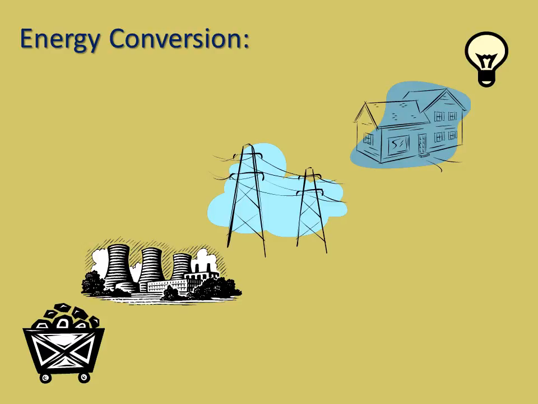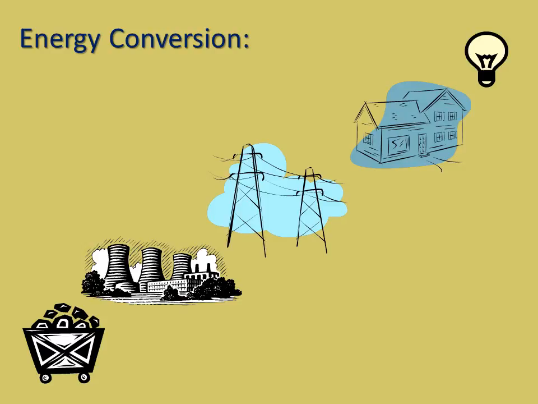So we're converting that chemical energy into thermal energy, and that thermal energy in a power plant is used to create mechanical energy, motion, so that we can spin a generator where you've got copper wires spinning around a permanent magnet, which creates a current and a flow of electrical energy. Chemical to thermal to mechanical to electrical energy, which then powers the light bulb in your home.